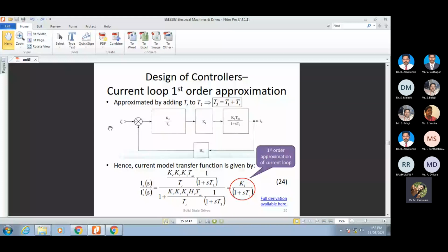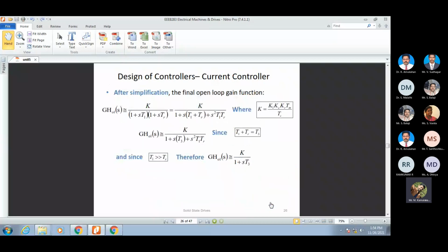So that we approximate it to a first order, which is nothing but ki, since it is a current controller loop, ki divided by 1 plus s into ti. The final equation is easy to remember: a gain divided by the time constant. So ki divided by 1 plus s into ti, since it is a closed loop system. The entire derivation is given in the forthcoming slide.